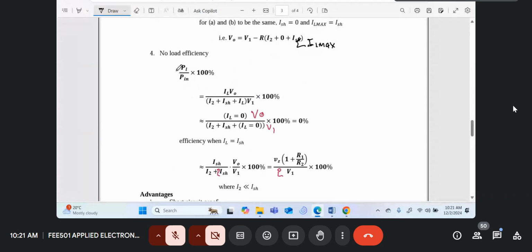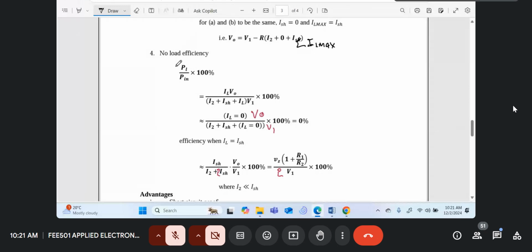Here I'm considering the no load efficiency. No load efficiency means nothing is connected to the output circuit. But this equation over here, PL over P in times 100, is the definition of efficiency in general.